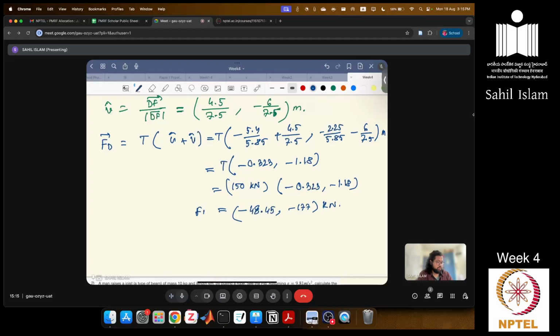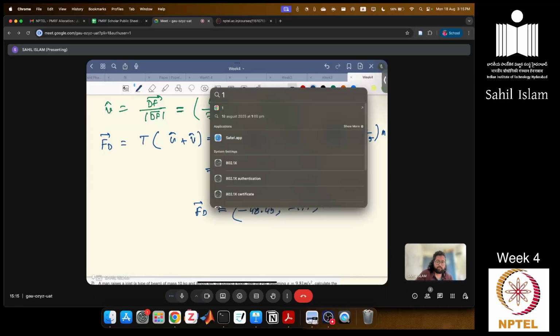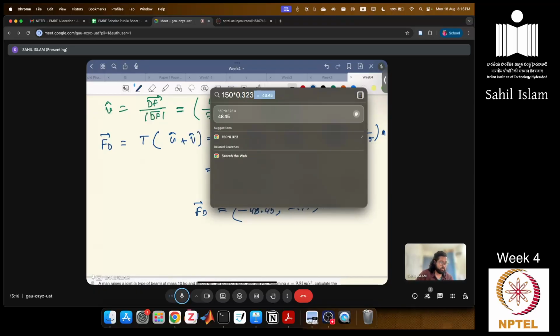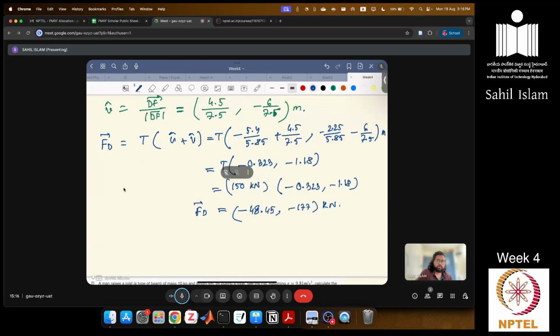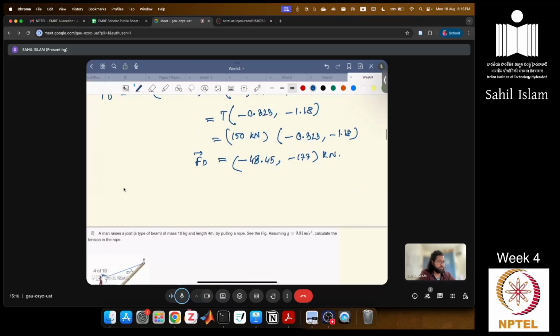So I have done these calculations already using a calculator, so I'm writing from that, and I'm not doing it in my mind to be specific. And you can verify it using any kind of calculator, like you can see 150 times 0.323 is 48.45. So we got F of D.